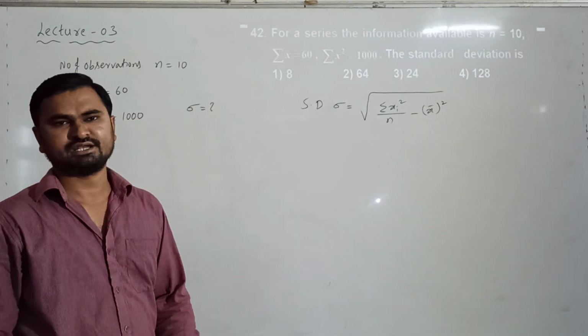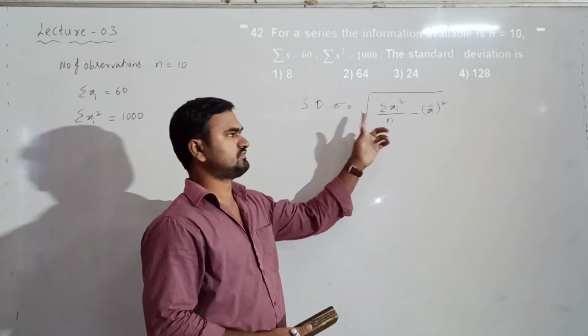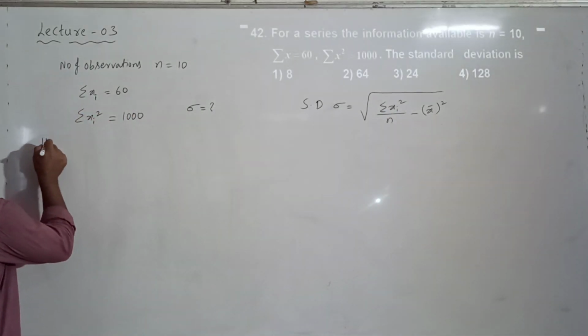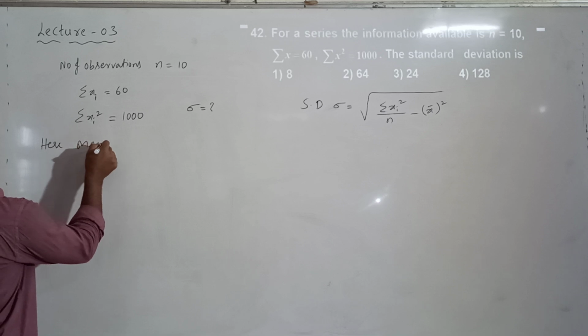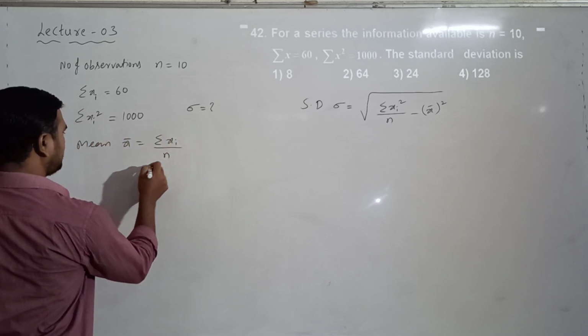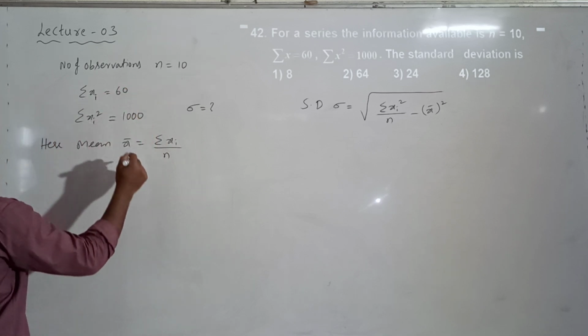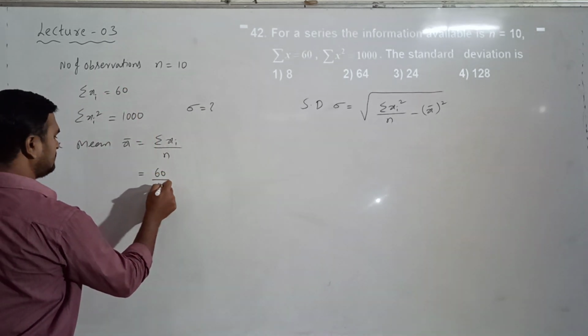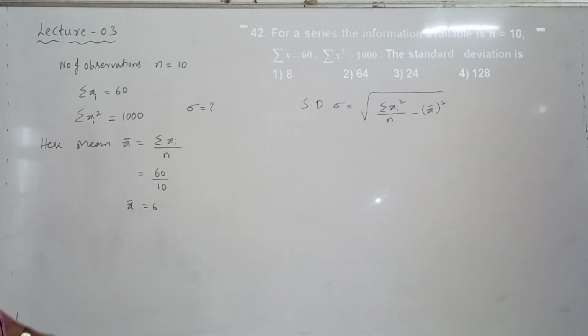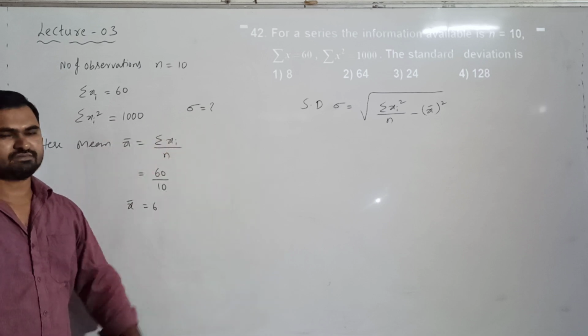For finding the standard deviation or variance, first we need the mean. So let us find the mean here. X bar is sigma xi by n. Sigma xi is already given, 60 by 10. So the mean is 6.